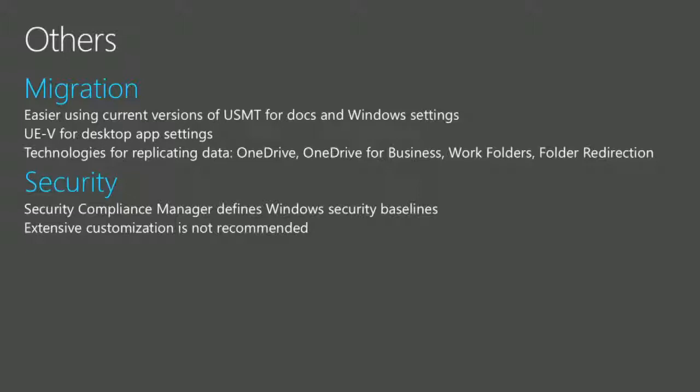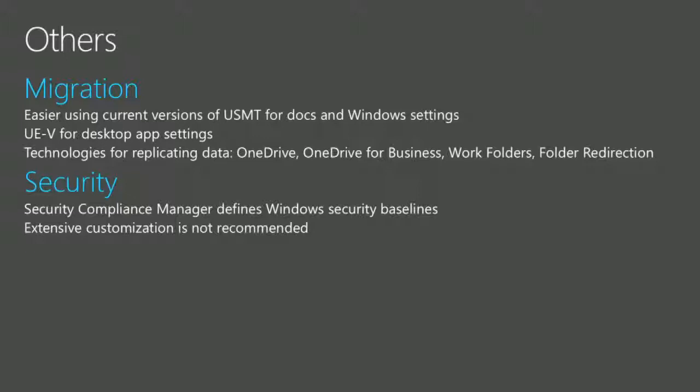We have a component of MDOP called User Experience Virtualization, or UEV, that can do that for desktop apps to a file server. So when the app changes a registry entry or writes to a configuration file, that's captured, written to a server. And then if you use that app on another machine, it copies it back down and you get the same settings on another machine. So very easy to set up, very easy to implement.